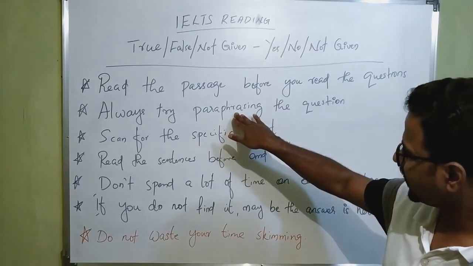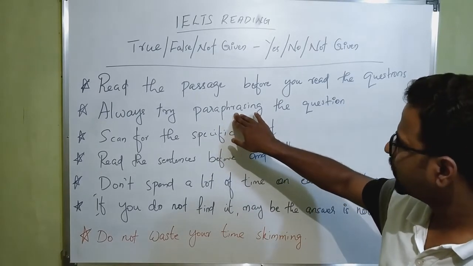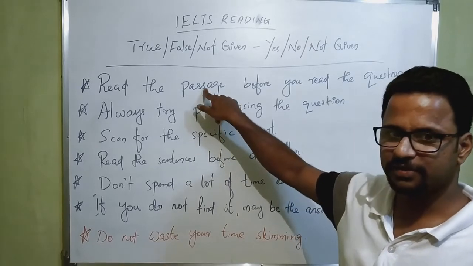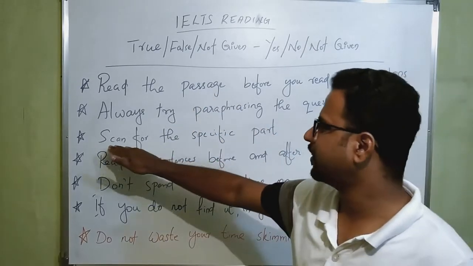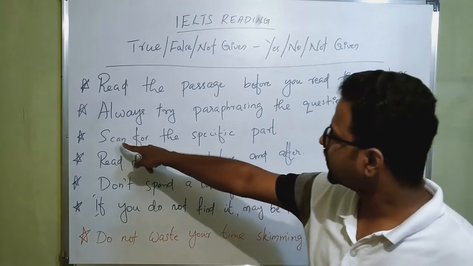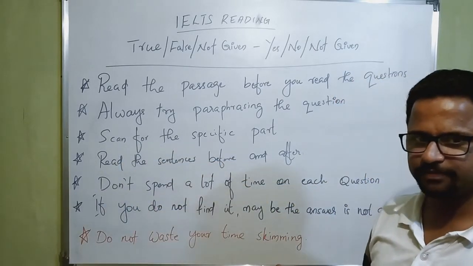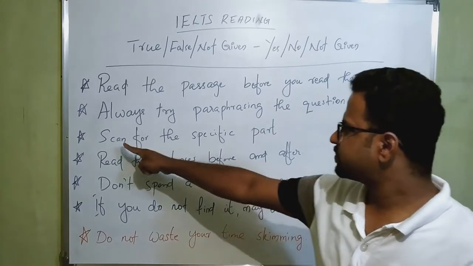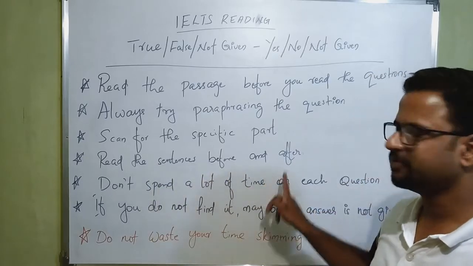So let's go to the third one, that is scan for the specific part. So you may paraphrase and then you have a word, so you later scan for it. You don't know where actually the word is in the passage, so you scan it, like you just want to have a quick go on, so that you will also spot the place where the answer is actually lying, right? And once you spot the place, read the sentences before and after.